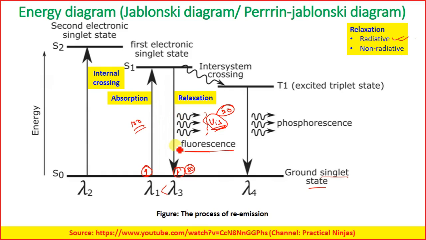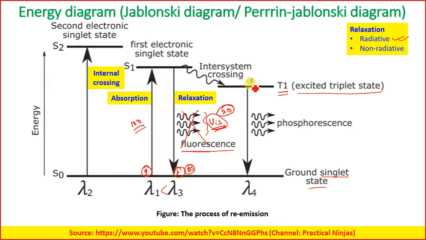Then in some systems, it might so happen that this fluorescence does not occur. So how will it come down to the ground state? In those cases, what happens is that it crosses from S1 to T1. What is T1? T1 is the excited triplet state. And as we have told, in the triplet state you will have the spin which is parallel to the electron which is already present in the ground singlet state.